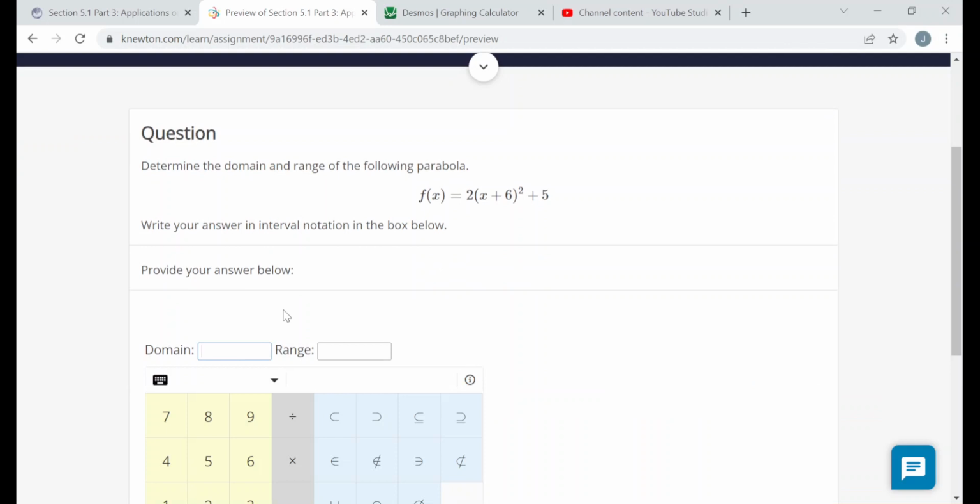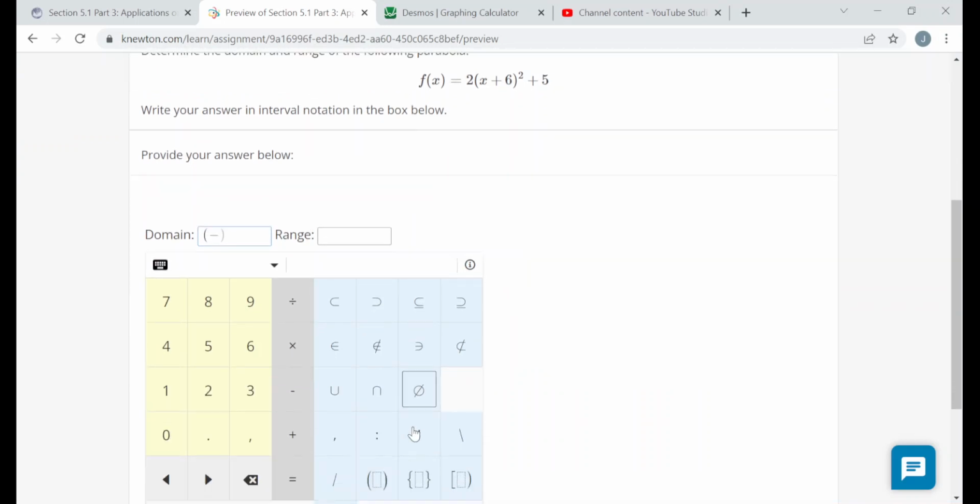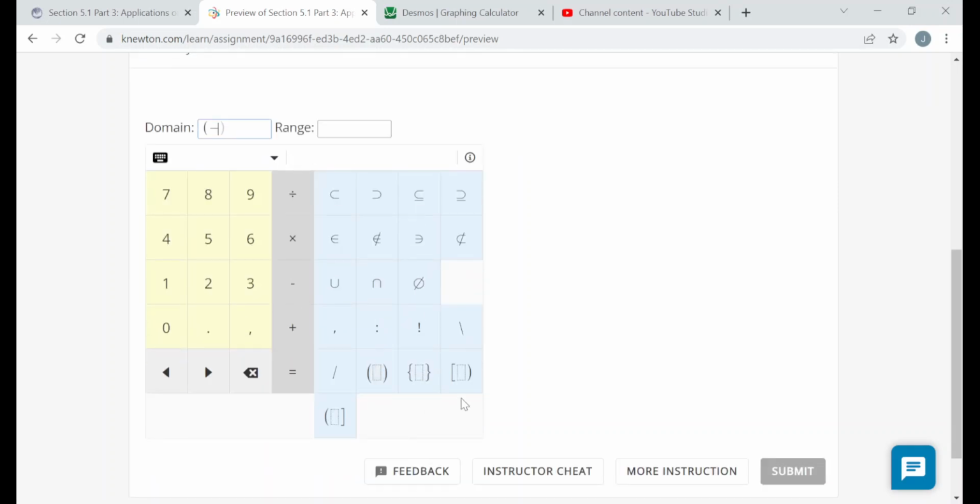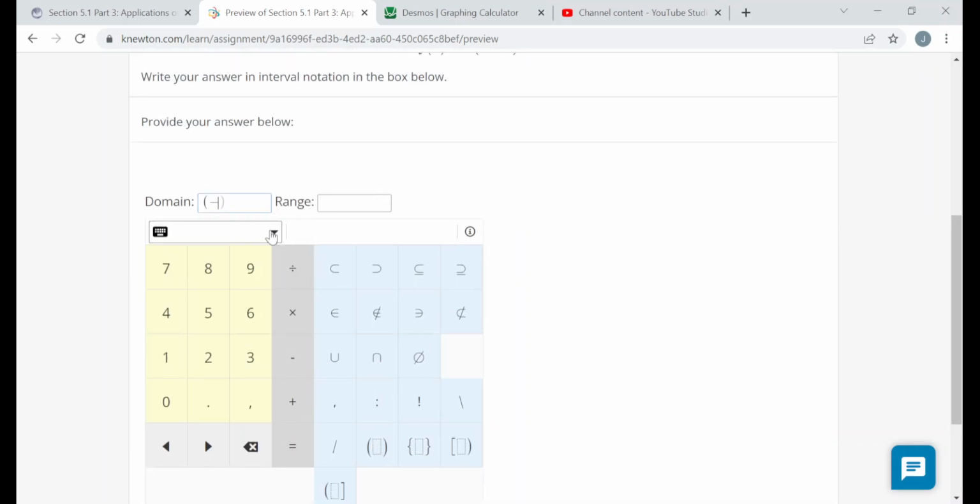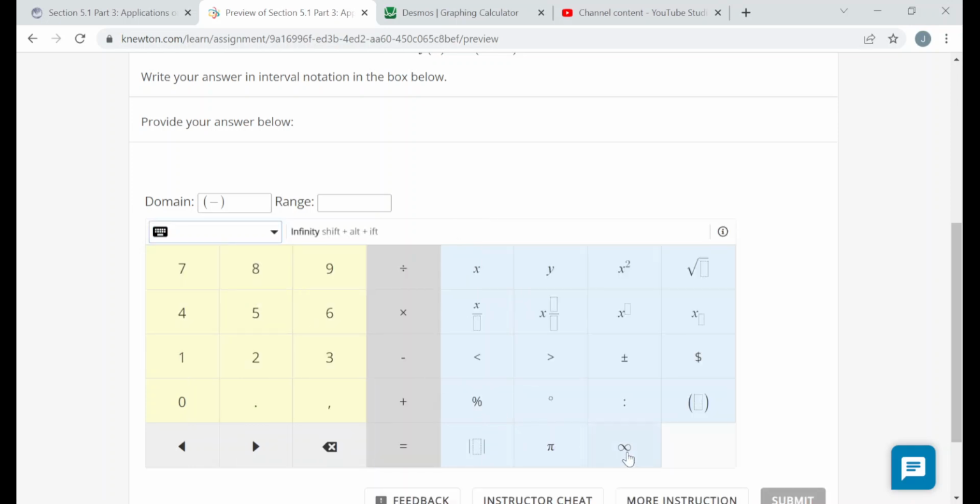Domain, all real numbers, negative infinity to infinity. Not a problem for that. I'm not seeing infinity here, but if I change this to basic, there's infinity. So negative infinity to infinity, and the parentheses are closed.